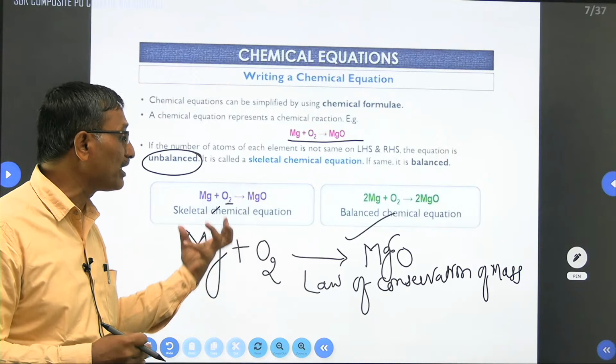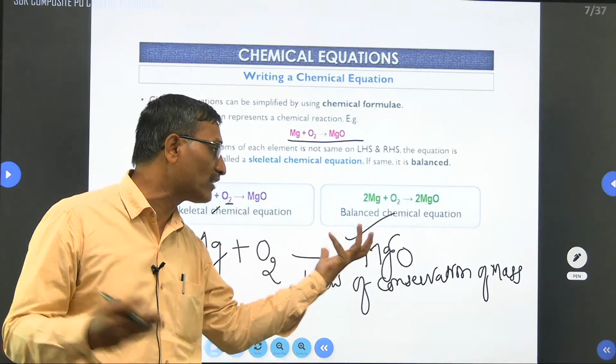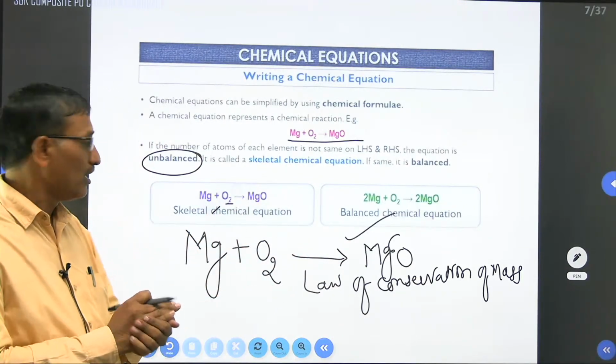Therefore, the total mass of the reactants must be equal to the total mass of the products. Then only it is a balanced chemical equation.